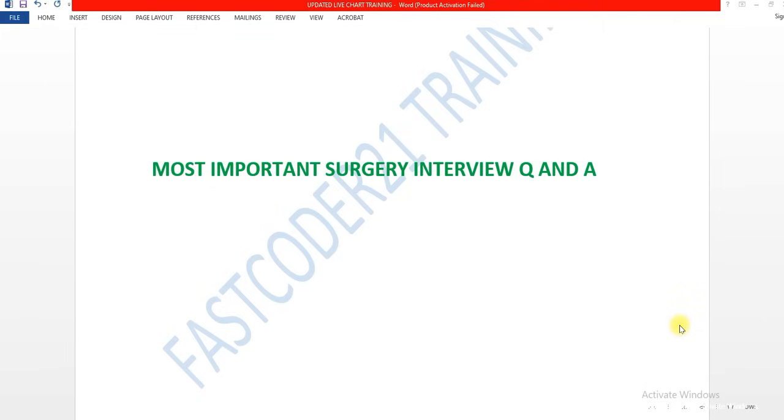So what is corpectomy? Removal of bone in the spine, or of the vertebral body, is called corpectomy. What are the guidelines related to corpectomy?